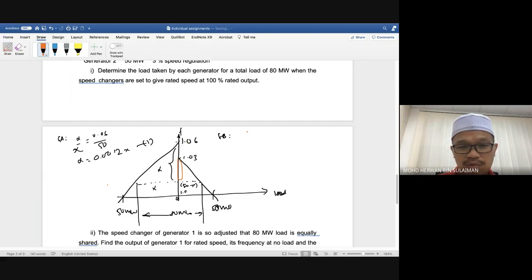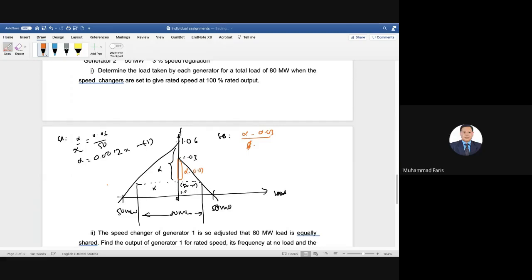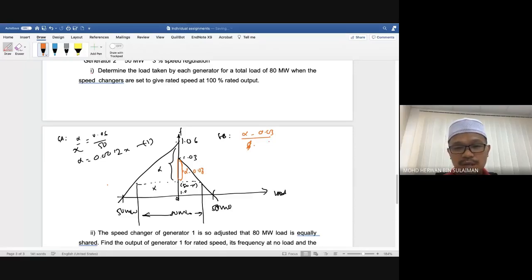So here is alpha minus 0.03, right? Divided by 50 minus x. This must be equal to 0.03 divided by 50. This one is equation 2.